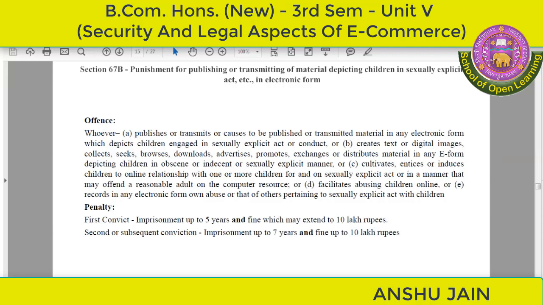The person who is doing all these things will be liable for imprisonment up to 5 years along with a fine which may extend to 10 lakh rupees for the first time, and in second and subsequent convictions, imprisonment of up to 7 years along with a fine of up to 10 lakh rupees.